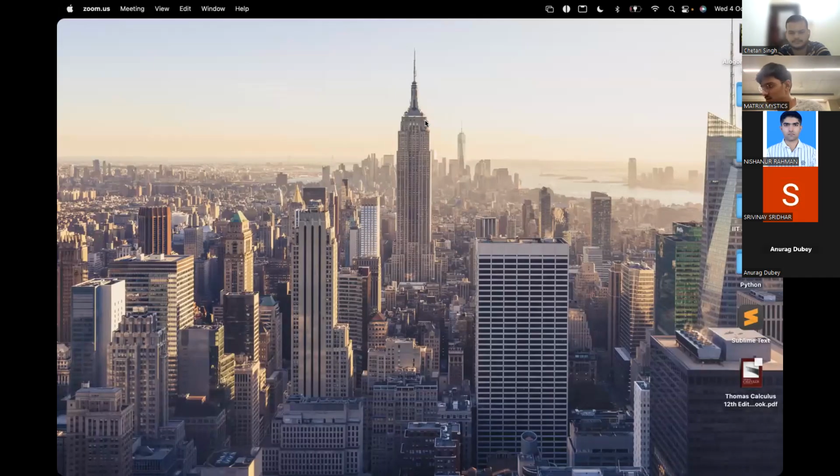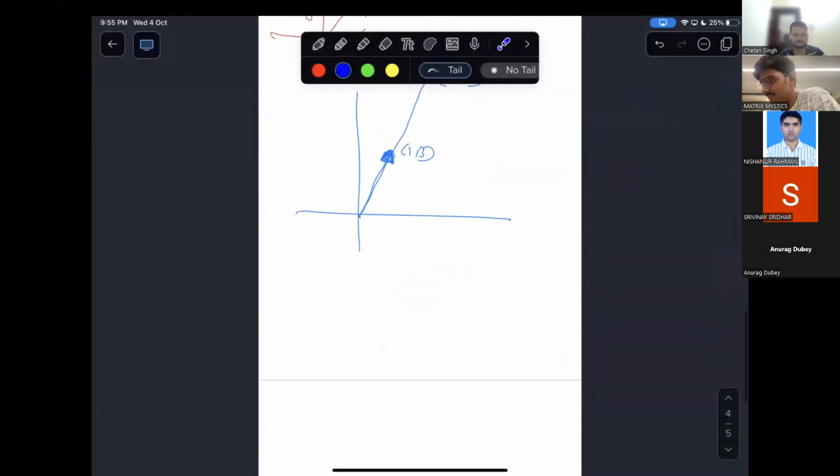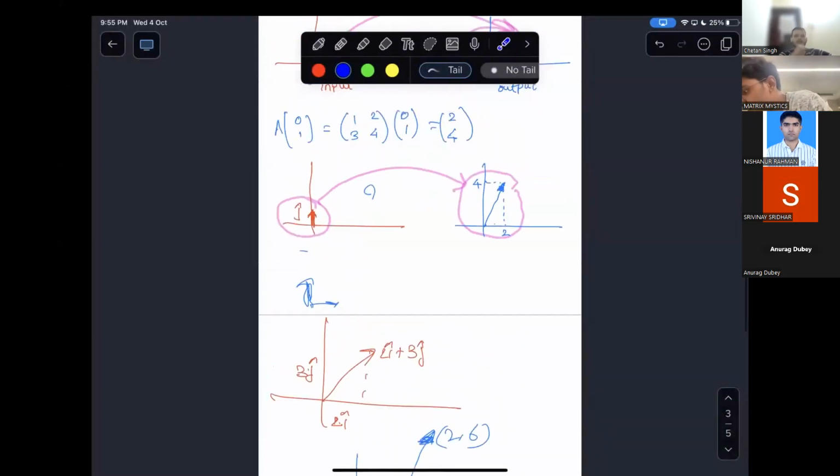Just a minute. Start screen share. Is my iPad screen visible? Yeah.